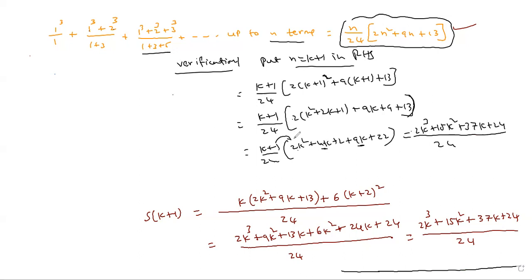Look, immediately here 1 into 2k square plus 2k square, 13k square plus 2k square, 15k square. Okay, next 37k, 22k plus 13k. Right after this 22 plus 2, 24. After this expansion, you get the same. This matches. Okay, you can get 2k cube plus 15k square plus 37k plus 24.